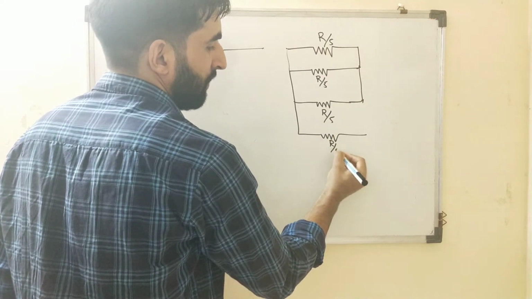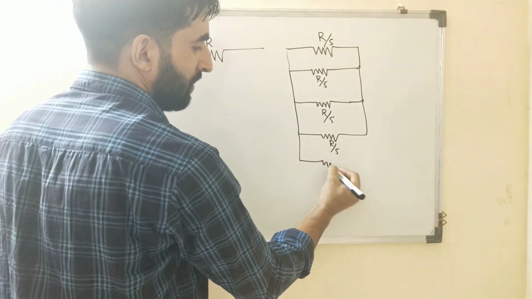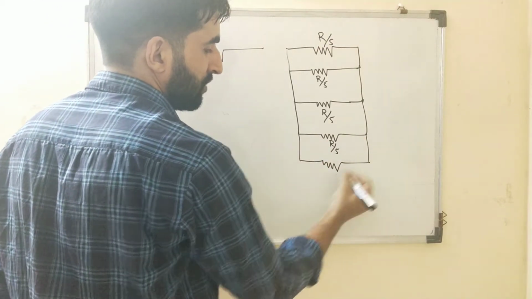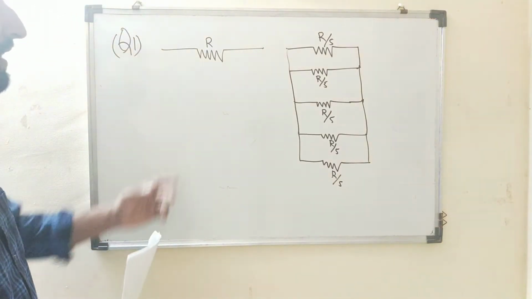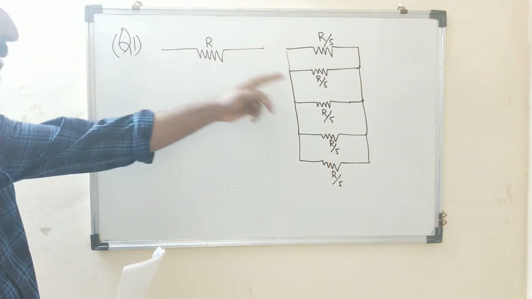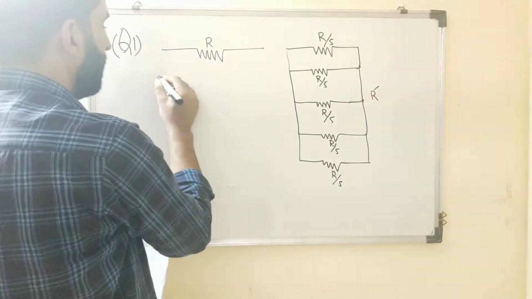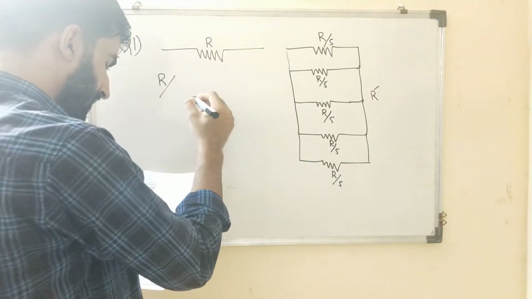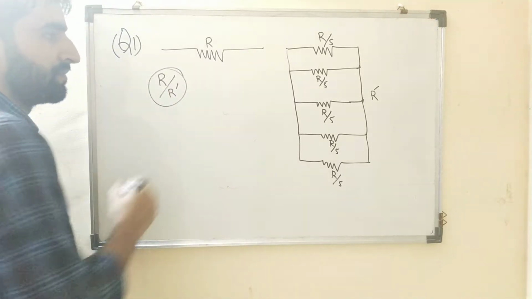So this is R by 5, 1, 2, 3, 4, and there will be one more resistor, which will also have R by 5. Now I have to find the equivalent resistance. This will be R dash, and I have to find R divided by R dash, this ratio.